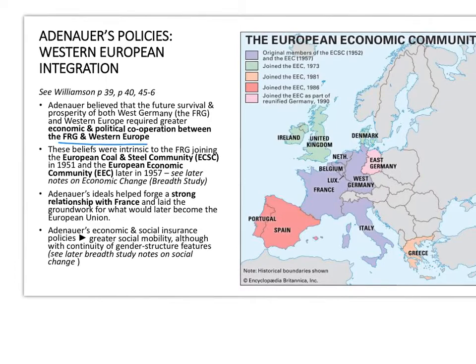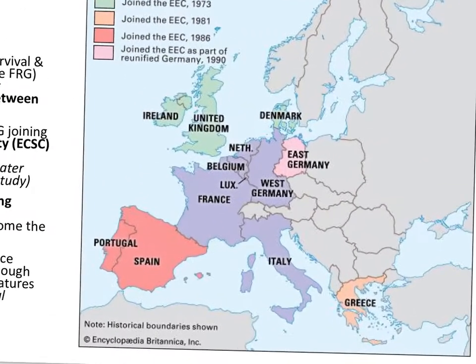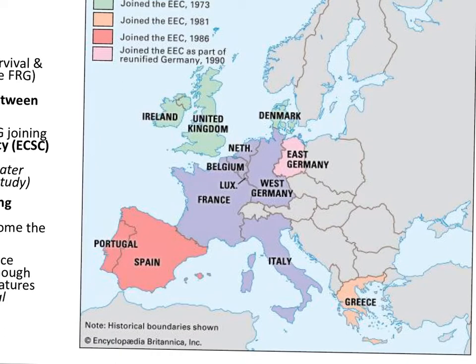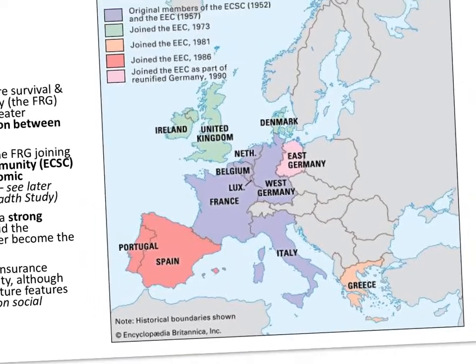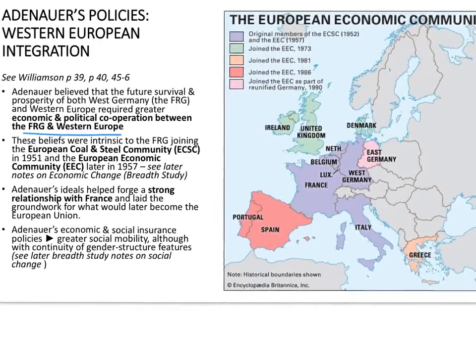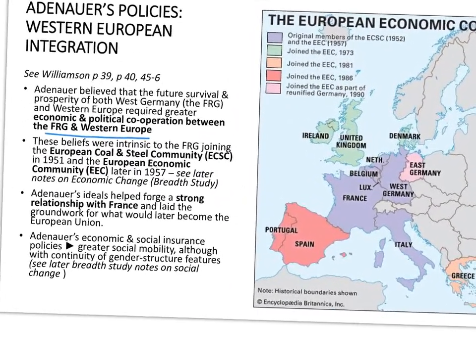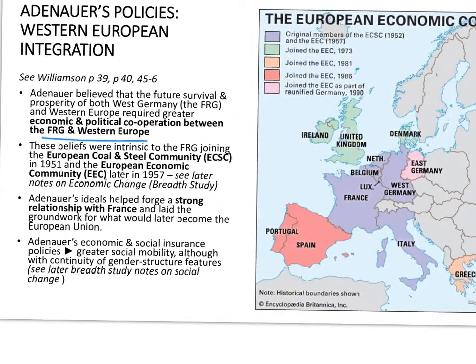As a new country, West Germany, if it was going to survive, needed to cooperate with other Western European countries, in particular France. That meant he had to work hard to overcome French fears, because France had been invaded by Germany in 1871, in 1914 and again in 1940.